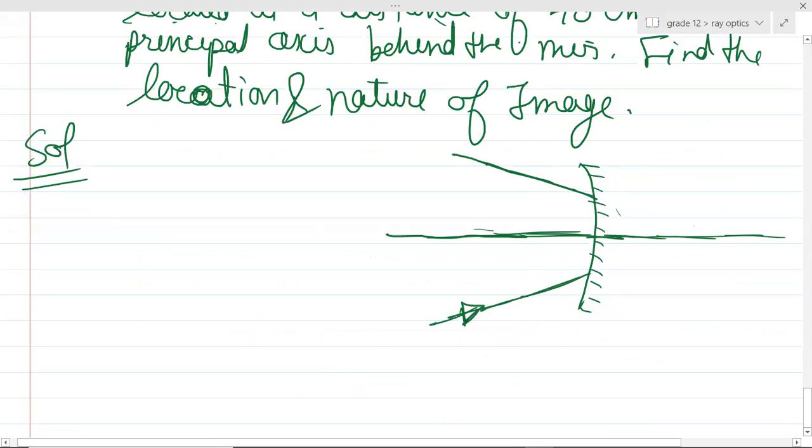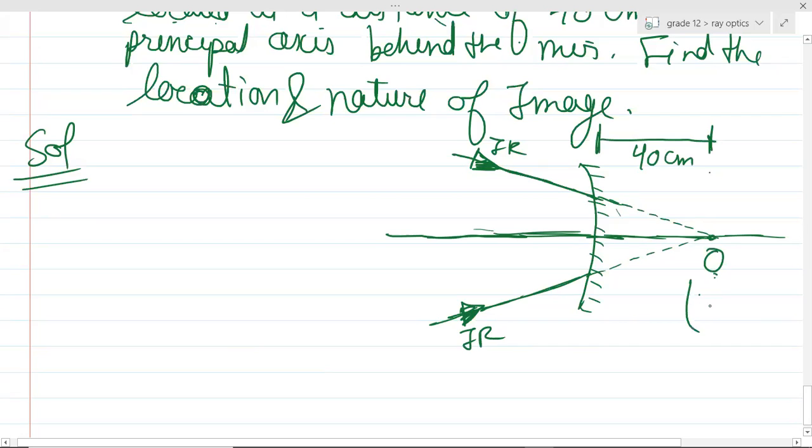So these are your incident rays, and they have cleverly mentioned that the intersection point of these two rays is at a distance of 40 centimeter behind the mirror.